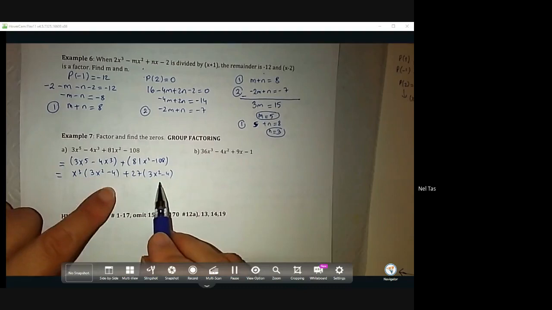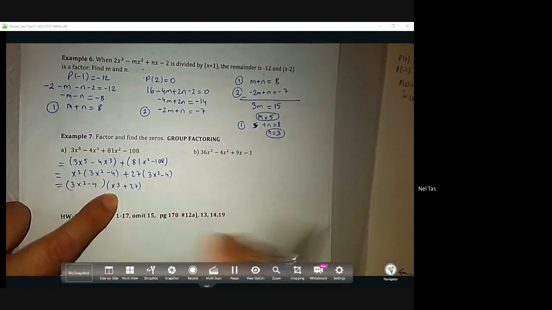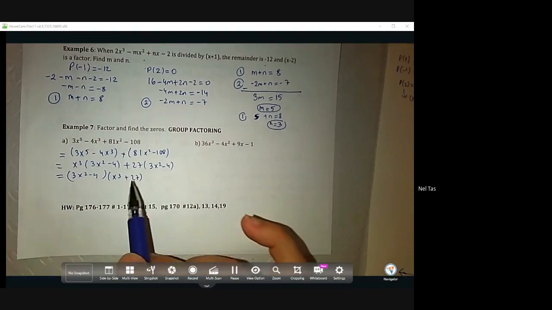Now we see that 3x squared minus 4 is a common factor. Then we get x cubed from the first one and 27 from the second one. Actually, with 3.7, you're also going to learn how to factor sum of cubes and difference of cubes, but for now, let it be.